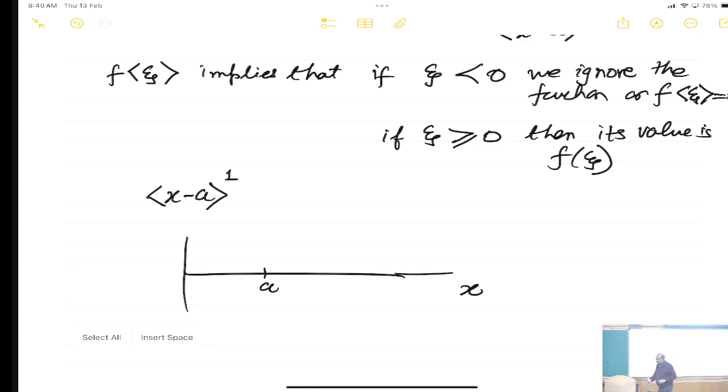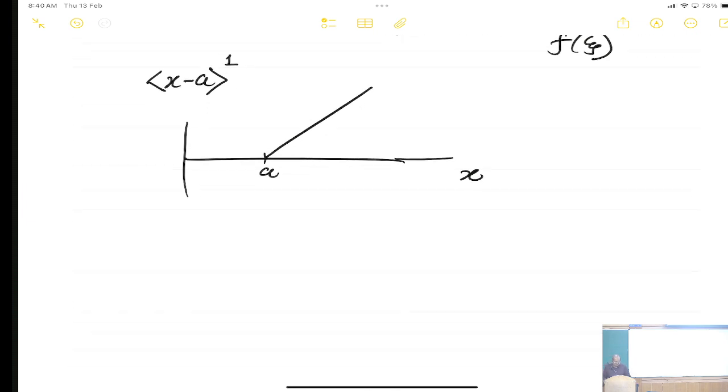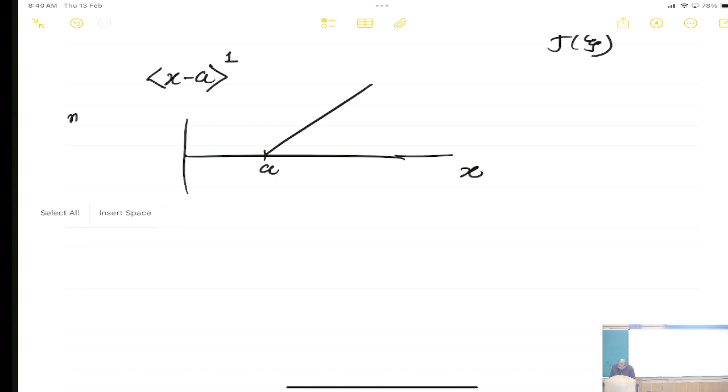So, it will be a straight line starting from a of slope 1. Okay. So, here n is equal to 1.